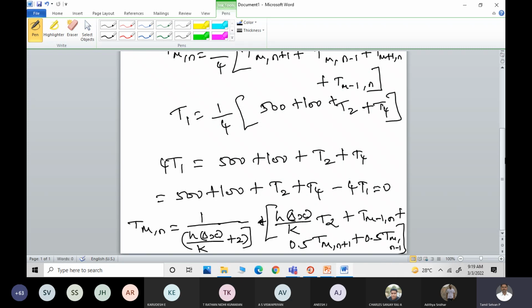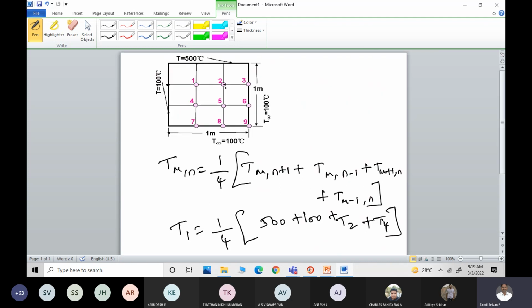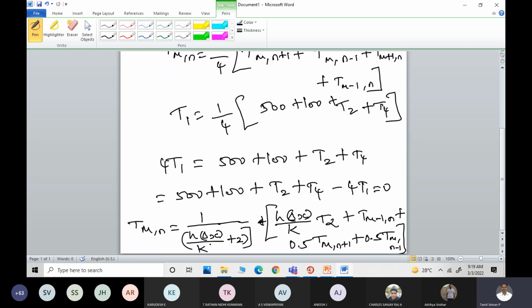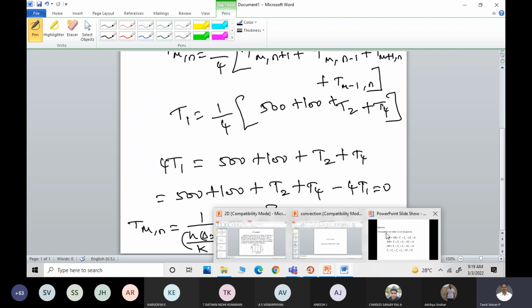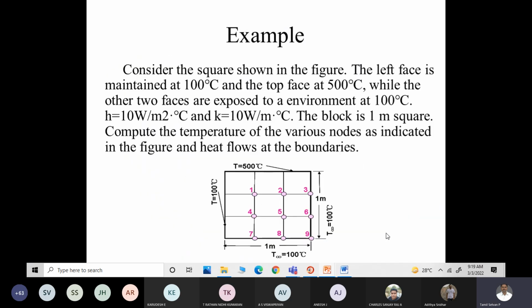Now for T3, T6, T7 and T8, we can write this. You may ask what is delta x, sir? It is clearly mentioned in the question.